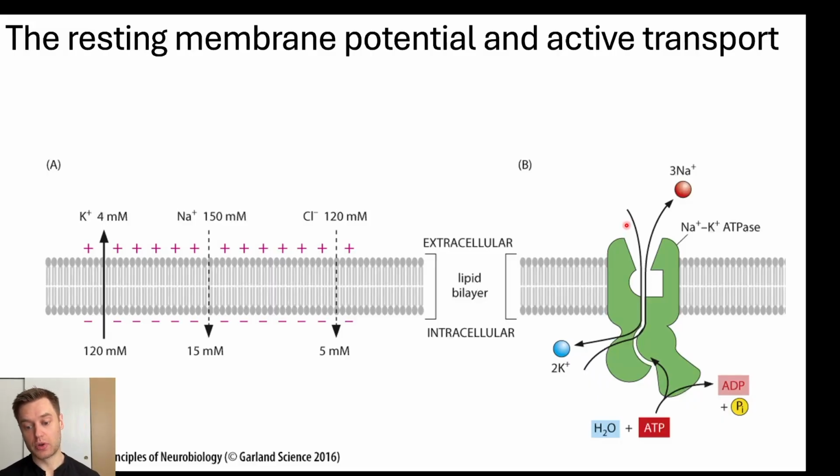The fact that it's shooting out 3 sodium ions but bringing in only 2 potassium ions helps explain why there's more sodium on the outside of the cell relative to the inside.